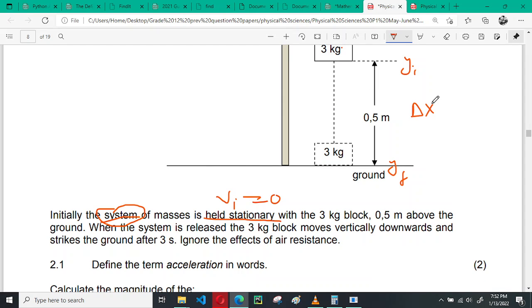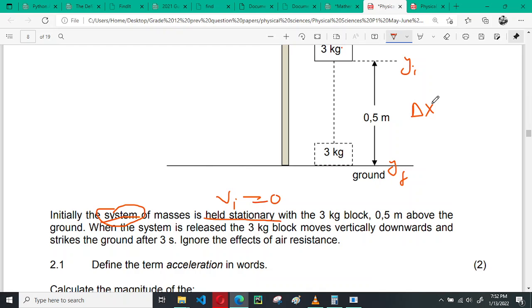I'm sorry about that, it's not changing x, it's changing y. The initial height is here and the final height is this, so all in all we call it change in y. Change in y is equal to 0.5 meters unless stated otherwise.